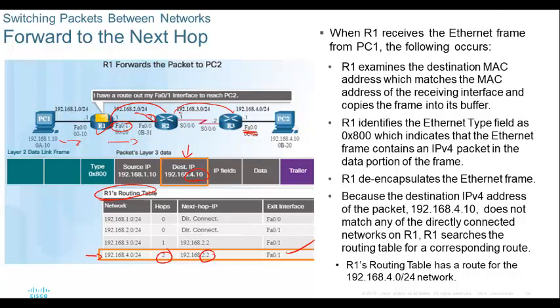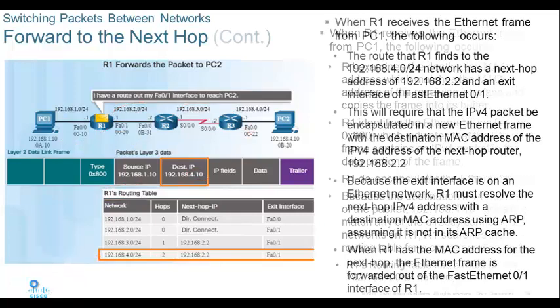So from the routing table, it gets all the info: which exit interface to take, to which next router to send, what address to send to, everything.